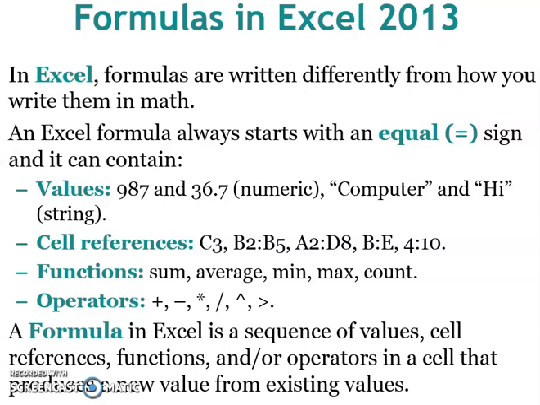I will discuss all these examples in the next slide very briefly. In C3, the alphabet C shows the column and the digit 3 shows the row. C3 means the cell belongs to column C and row number 3.